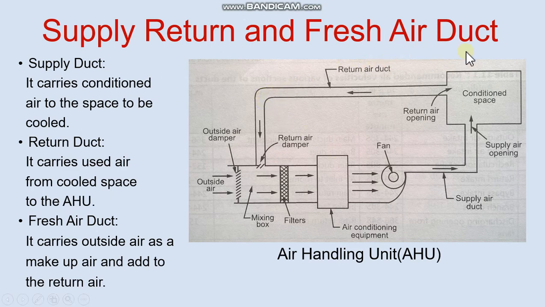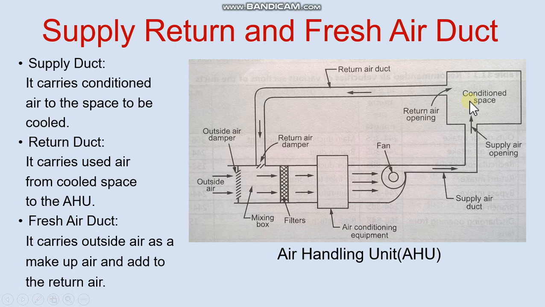Supply, return and fresh air ducts are understood by this sketch of an air handling unit. An air handling unit combines a cooling coil, filter, fan and mixing chamber. The supply duct is the part of the duct which conveys the conditioned air from the AHU to the cooled space.